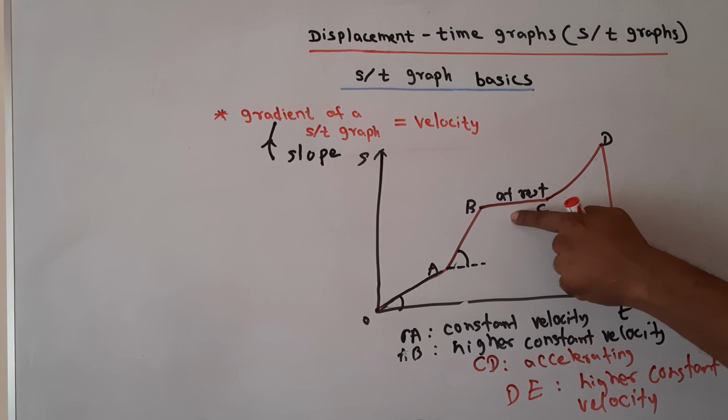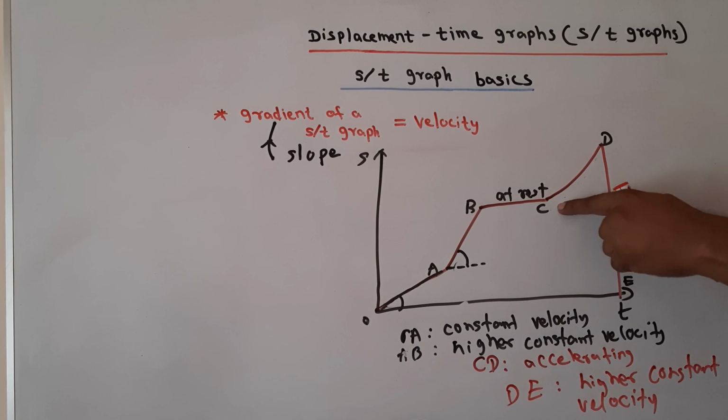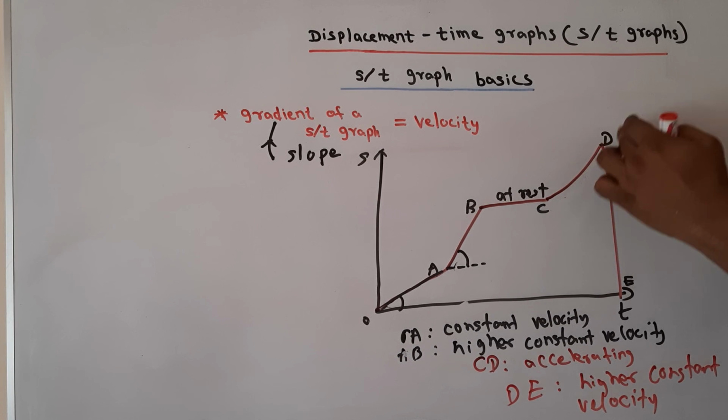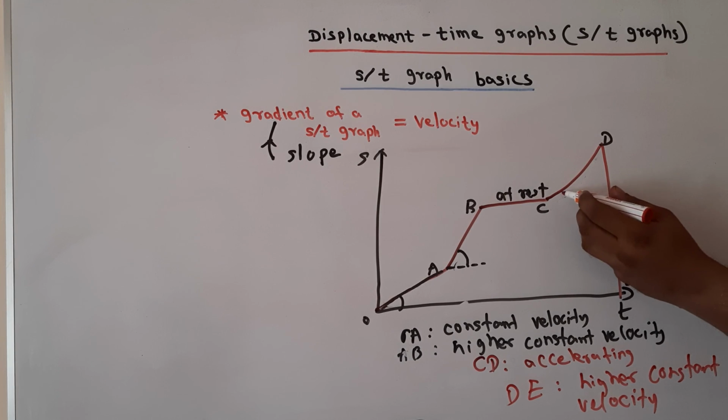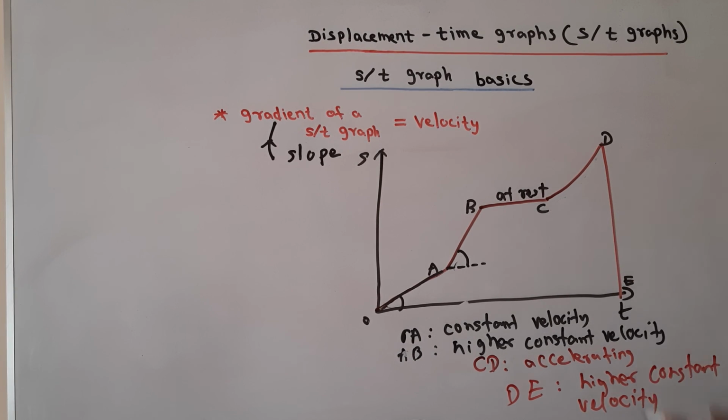Flat line, at rest. This line getting steeper with time, that means obviously gradient increases with time, so it's accelerating. And finally, a straight line back to the original position, that means again a higher constant velocity.